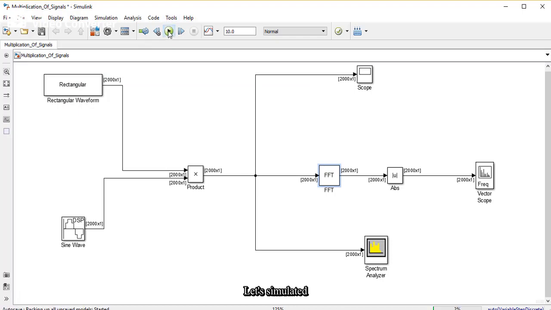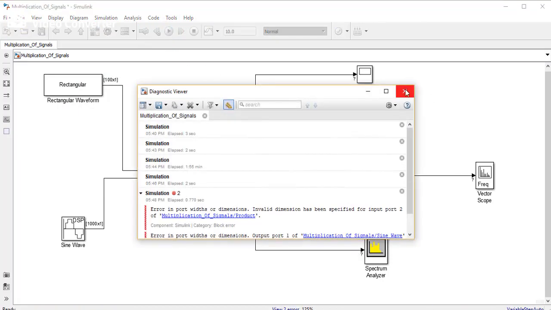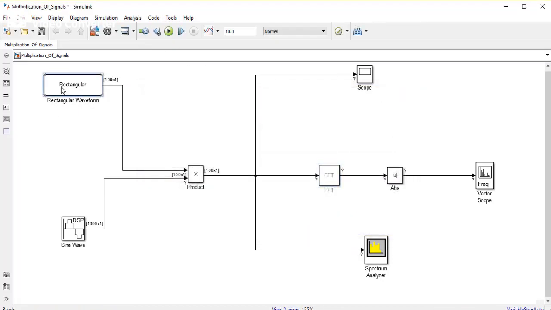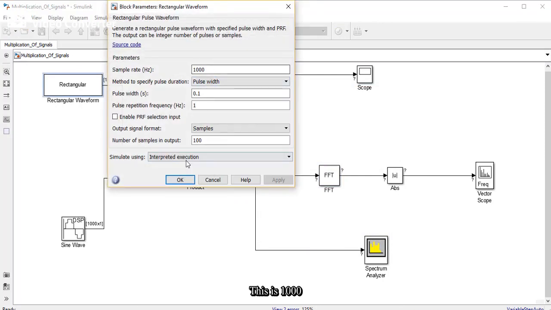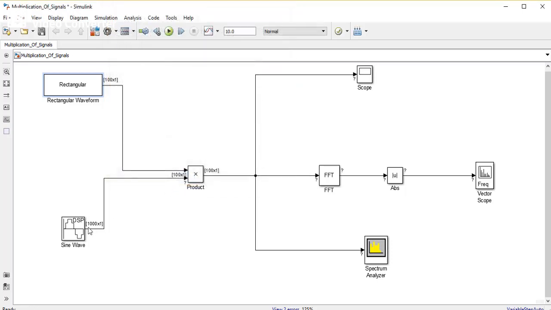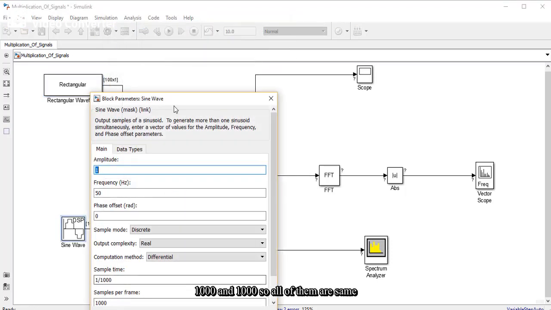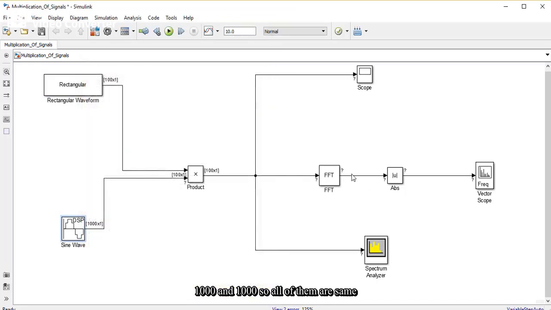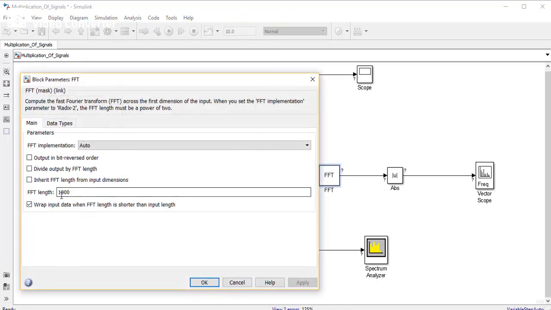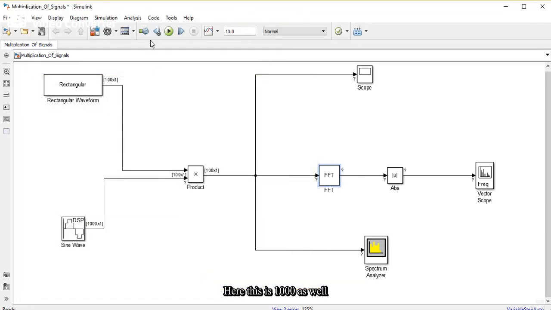Let's simulate it. This is 1000. This should be 1000, 1000, 1000. So all of them are the same. Here, this is 1000 as well. So let's run it.